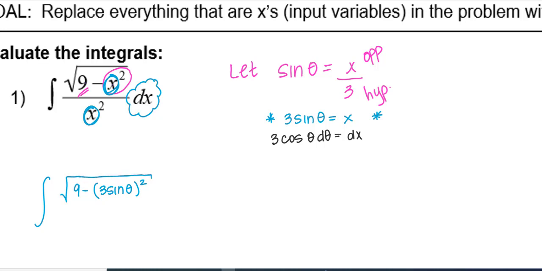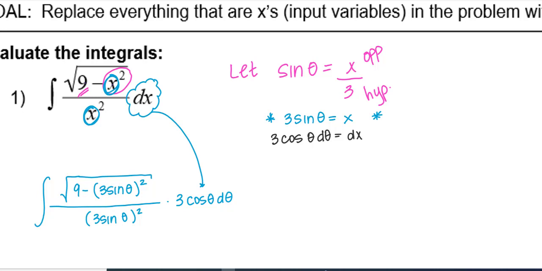There's the end of my square root, all over x squared. X is 3 sine theta, and then times dx. Just so I can really make sure that I'm substituting in that dx, I keep that separate exactly where everything was. Again, if you make an error, you want to be able to look back and see where your error is.